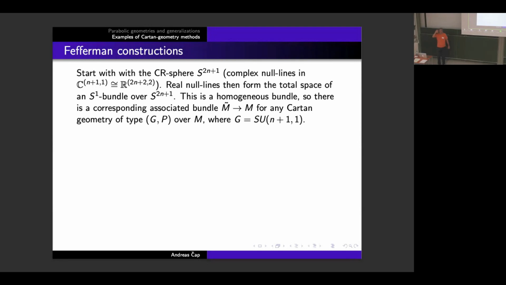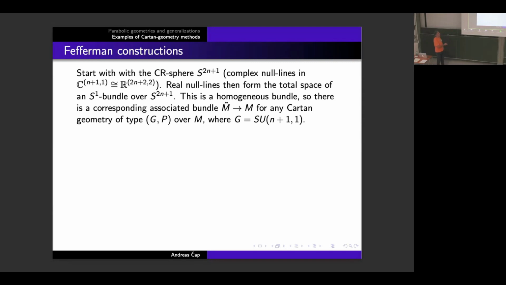But any isotropic complex line contains a circle of isotropic real lines. And any isotropic real line spans an isotropic complex line. So what you see is that the real isotropic lines form the total space of an S^1 bundle over this CR sphere.